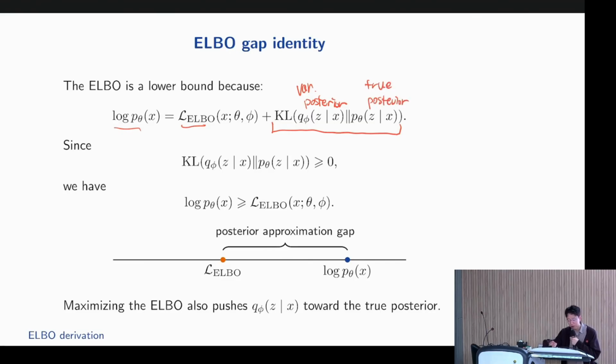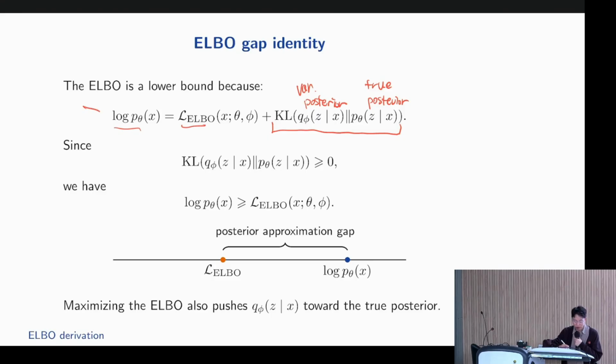It's very easy to show this. Perhaps this could be an exam question. Okay, since we know the KL divergence is non-negative, then we can also derive the same thing from here.